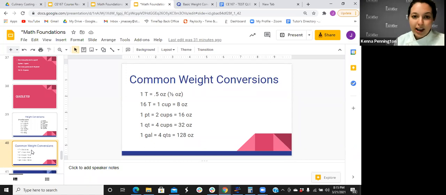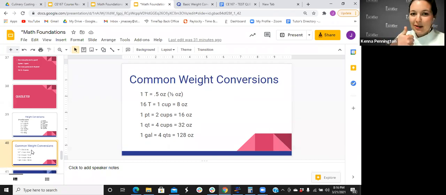So you can't weigh out flour this way or sugar or anything like that. And even your other denser things like molasses or corn syrup are going to be a lot heavier than this. So this common weight conversions is fantastic to use for all of your liquid measurements, but just don't forget your density is a lot different with things like flour, sugar, and that kind of stuff.